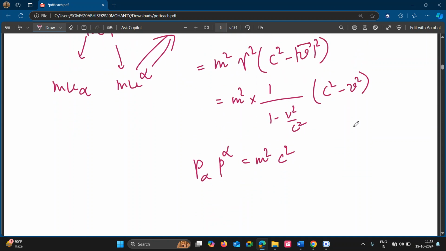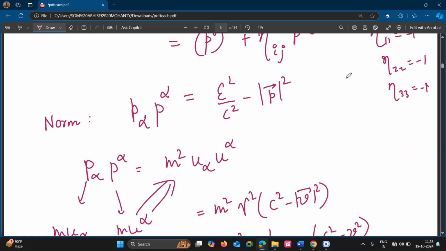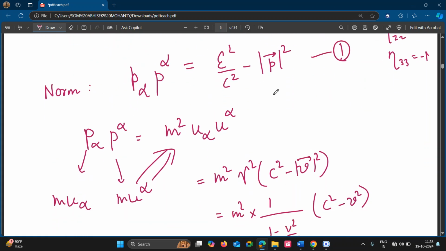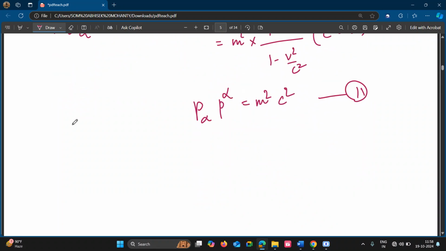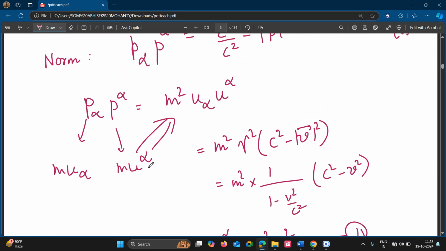This is equation two, and what we got before is equation one. Equating equation one and two, the left hand sides are the same, so the right sides will also match.